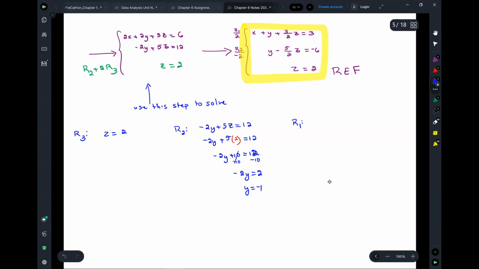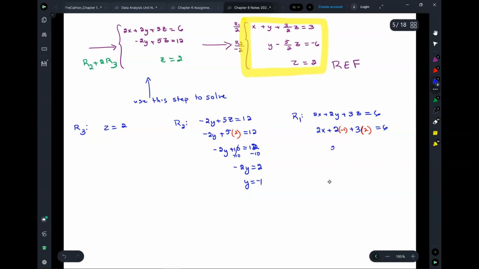So you start with row 3, 2, 1, always. You use this step and go row 3, row 2, row 1. Row 1, copy it down. Now 2x plus 2 times negative 1 plus 3 times 2 equals 6.